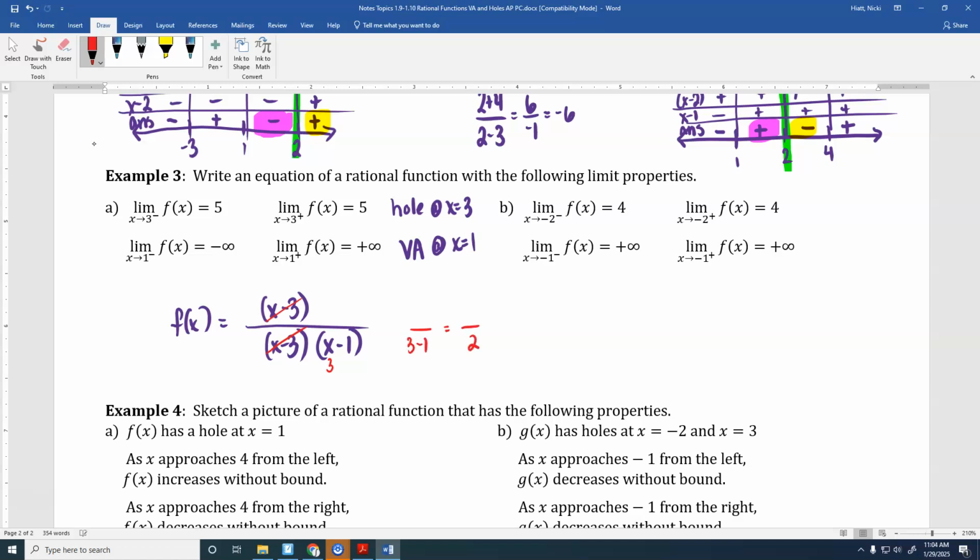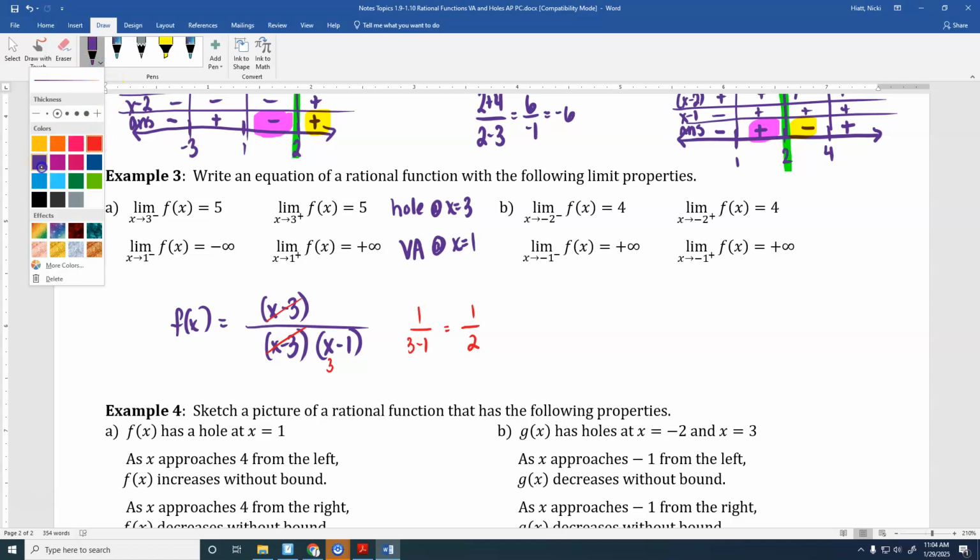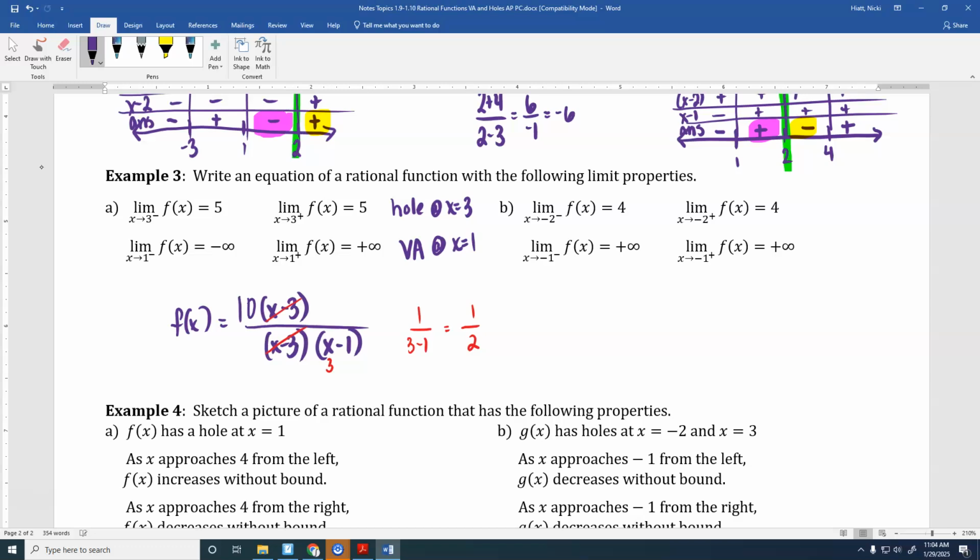Now, as it is, I would just have a 1 in the top, and I would get 1/2. That is not what I want for my answer. I want to get a 10 in the top so I can get a 5, right? The easiest way to do that is to just put a 10 right here.